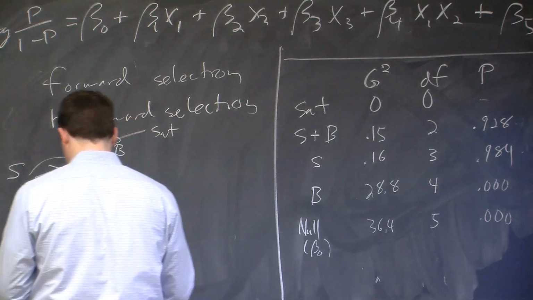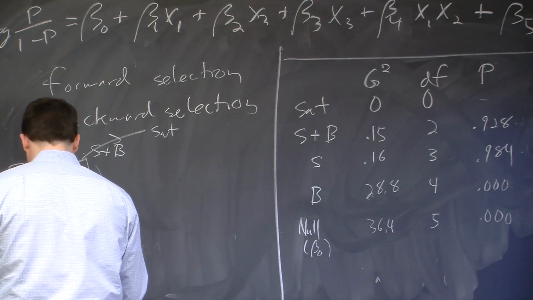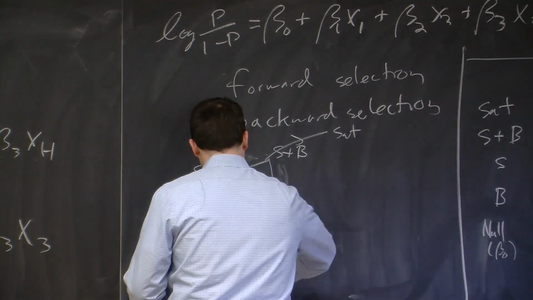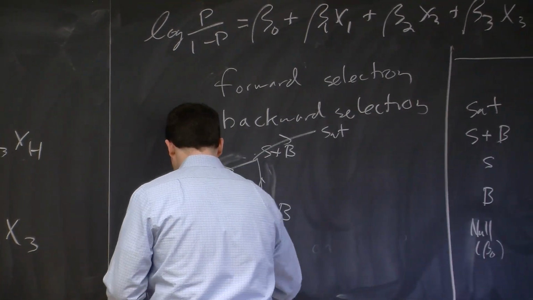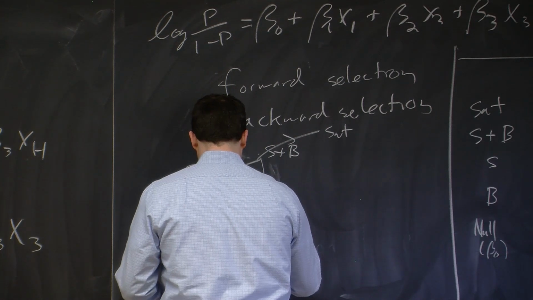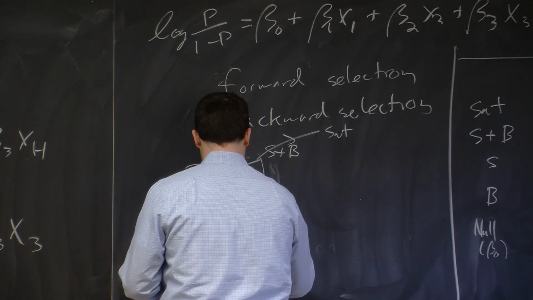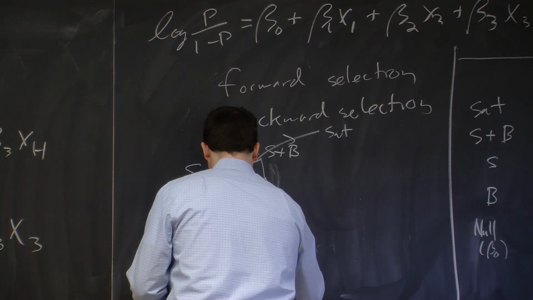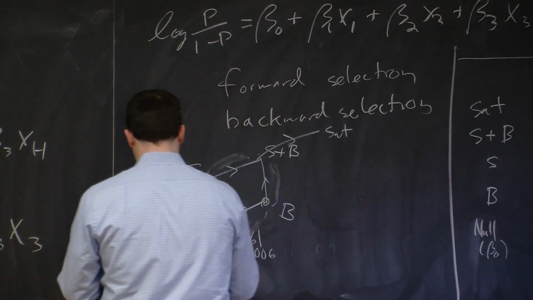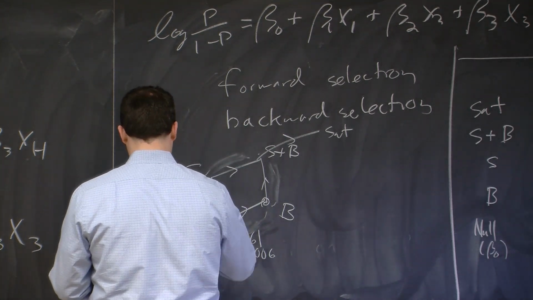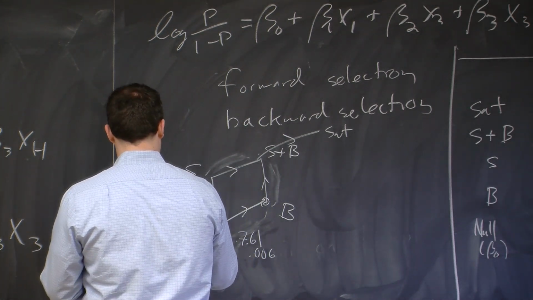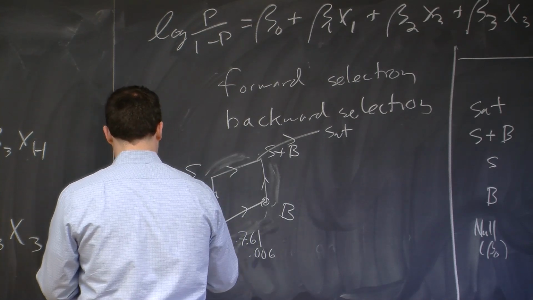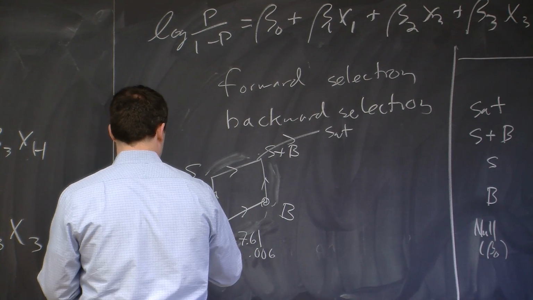Right. Okay. So let me put these numbers in. This is null. Going from null to B, the delta G squared is 7.6, and the p-value is 0.006. Going from null to S, the delta G squared is 36.25, and the p-value is approximately 0.